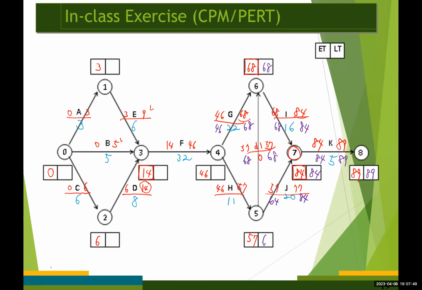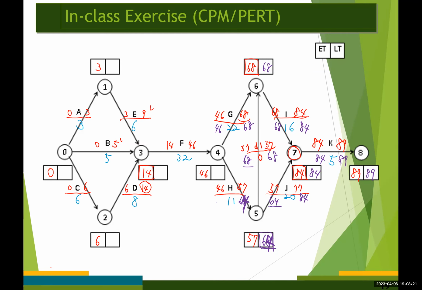So we have 68, 68. Am I doing correct? No, sorry. So when you determine the latest time for event number 5, we need to get the smallest value between this, right? So it's gonna be 64. So we have 64 down here instead of 68.